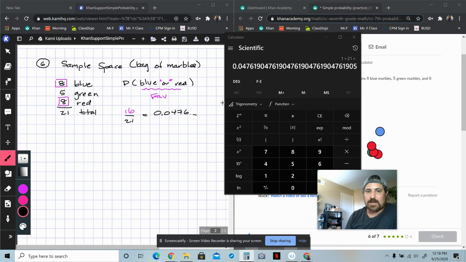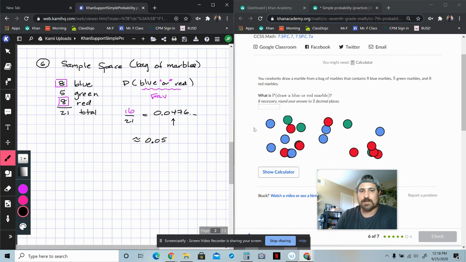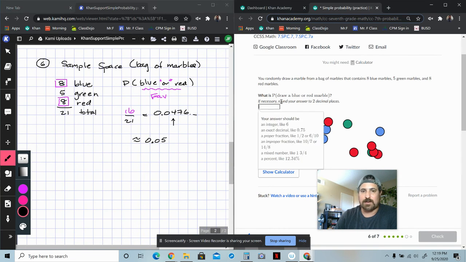And he said that you can round it to the nearest second decimal place, right? So that would be rounding to right there. And so that's going to be approximately 0.05, because that 7 is going to make the 4 go up 1. So if you were to use a decimal answer, then you would put 0.05.